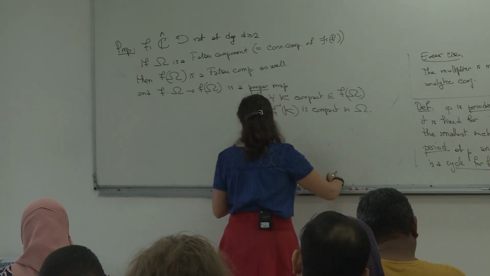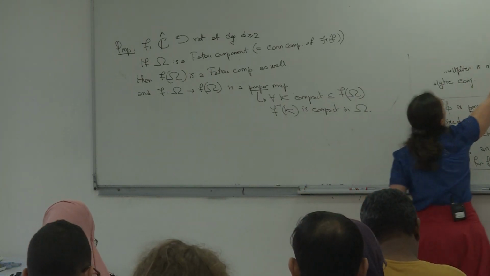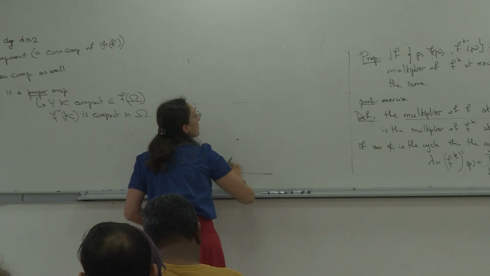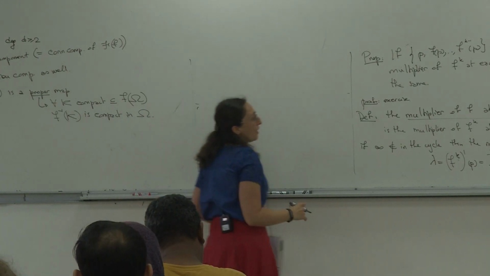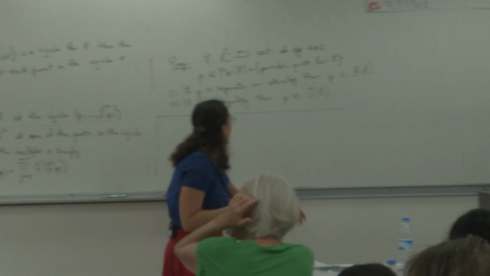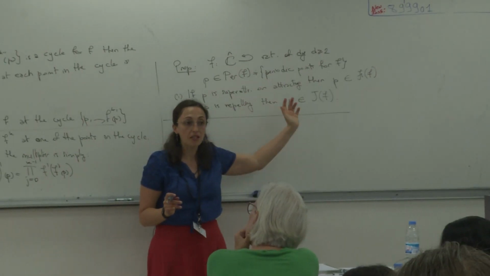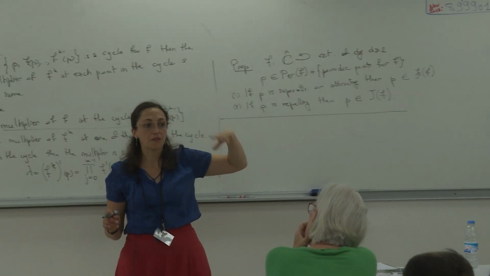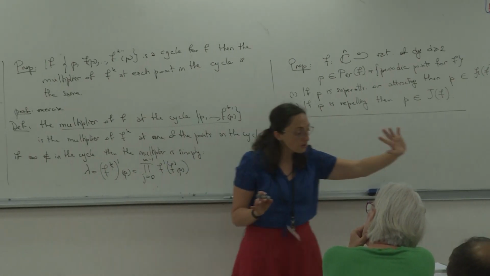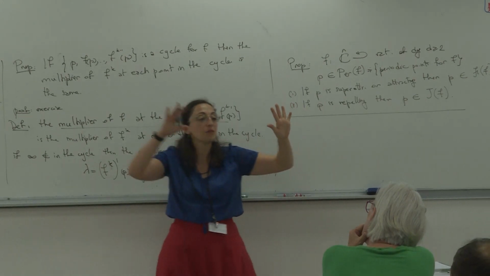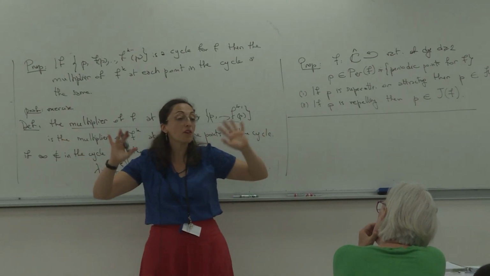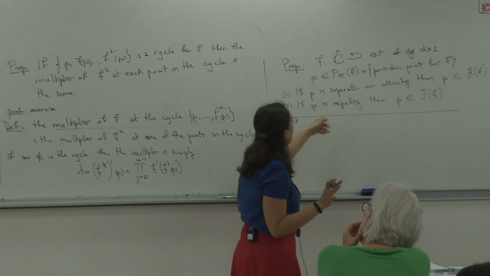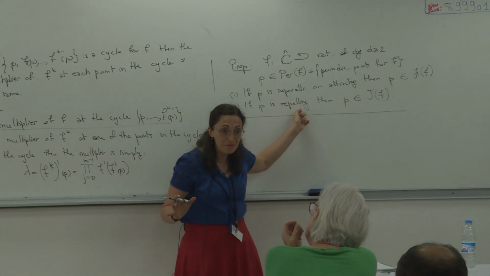Remember that we had this classification of fixed points: superattracting, attracting, parabolic, elliptic, repelling, and so on. We're going to take this definition and see what happens for Fatou components. Of course, a repelling fixed point doesn't give you anything in the Fatou set, as it's written here, so you will not have repelling Fatou components.